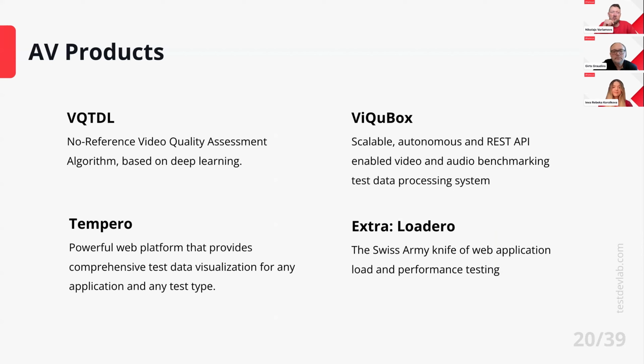Tempera is our web platform where you can visualize the data and see the graphs. And VQBox is, as Eva mentioned, our processing solution using REST API, and it's our data processing system. So instead of manually working with data, we have built VQBox. And I'll go also briefly over each one.